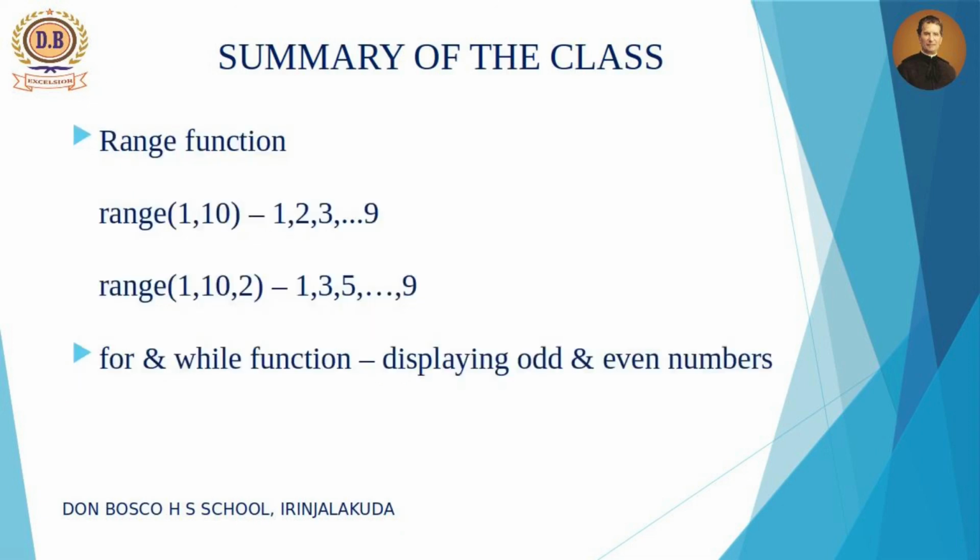Then next we discussed another function called the range function. Up to a particular range, it will get repeated. It is a looping statement, and this range function is used in the looping statements called the for and while functions. The usage is the same, but the way of writing the syntax is different.